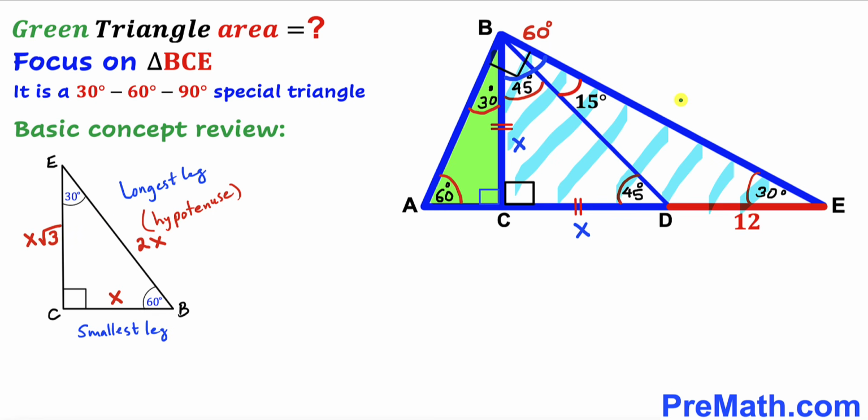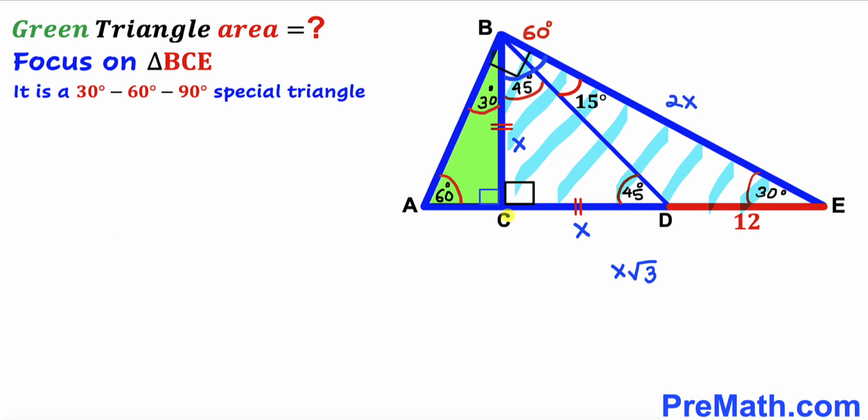Now we are going to revert our attention back to this triangle BCE. We can see this side is our smallest leg, whereas this is our longest leg. We know our smallest leg is x, so our longest leg is going to be twice that, 2 times x, and this third leg is going to be x times the square root of 3.